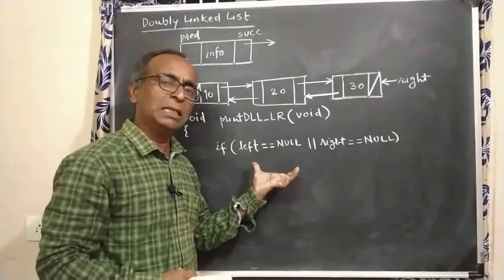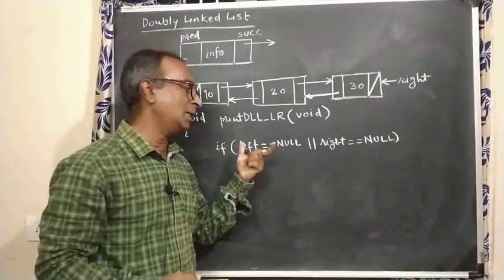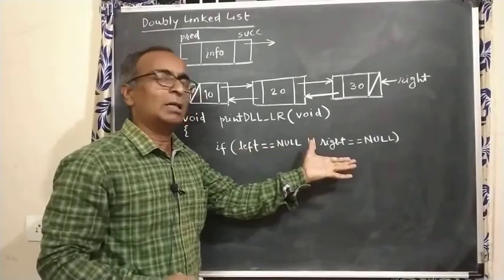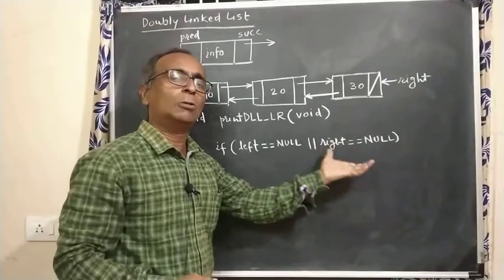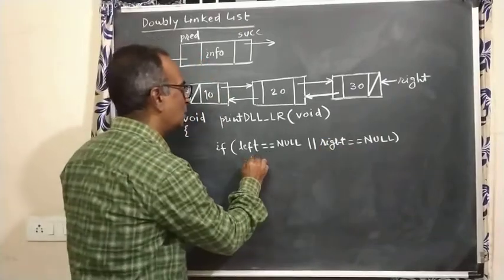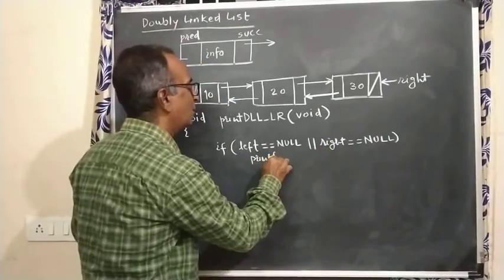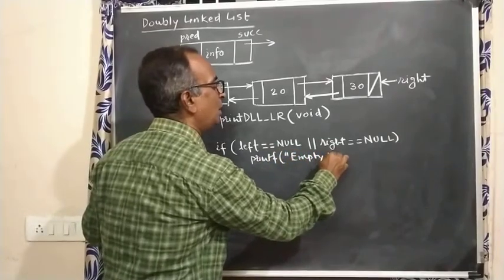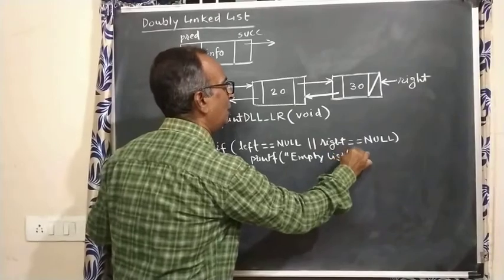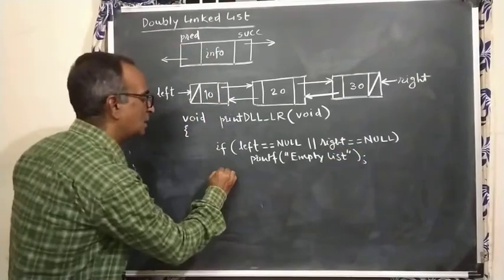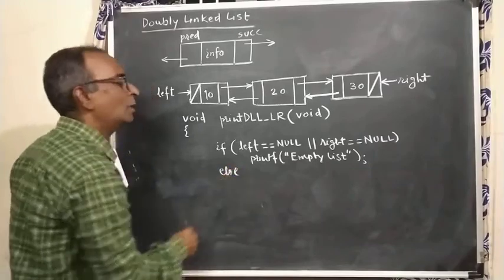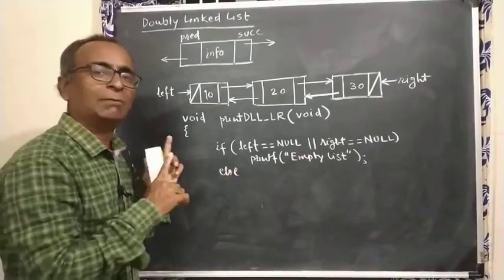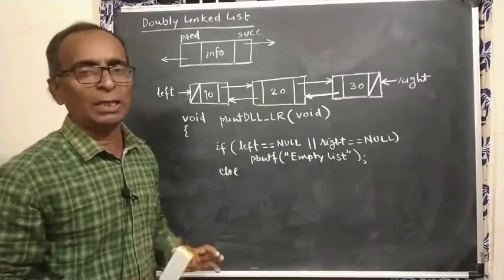Only one also you can check here, because we are setting correct pointers. For explanation purposes I am giving both with an or. Then you can say printf "empty list", because this is an empty list and you cannot print elements from it. Else, if it is not empty, again the same thing, we have to traverse from left to right.